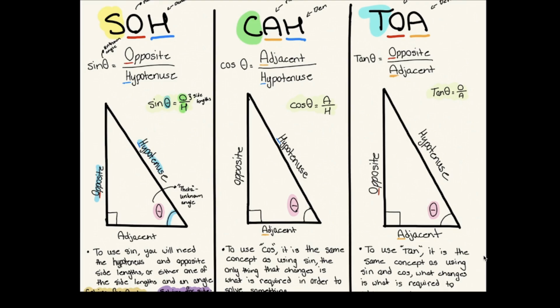My bad. For cos, you have to be given the adjacent and the hypotenuse. And for tan, we have to be given the opposite and the adjacent. See, there are multiple combinations, and that's pretty much it for figuring out sine, cos, and tan and where to use them.